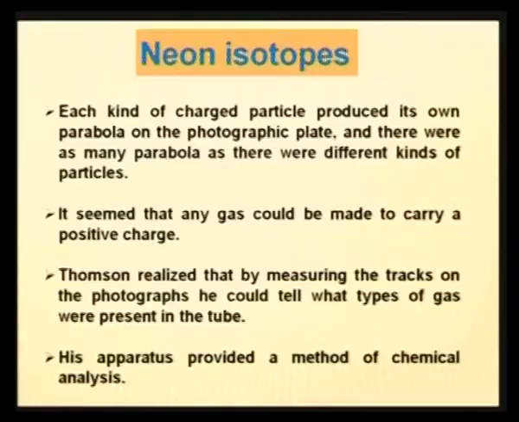Therefore, the parabola will hit at different points on the screen. So it can be used as a gas analyzer. His apparatus provided a method of chemical analysis. So from physics he passed on to chemistry, from chemistry to biology, and from biology to medicine, and so on. Therefore, this area is of immense importance.